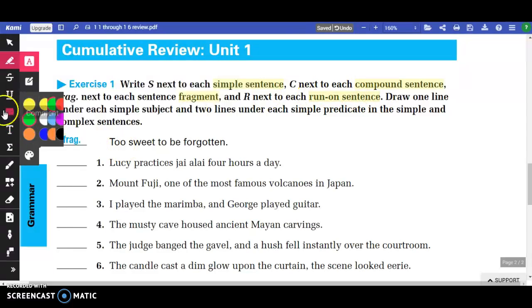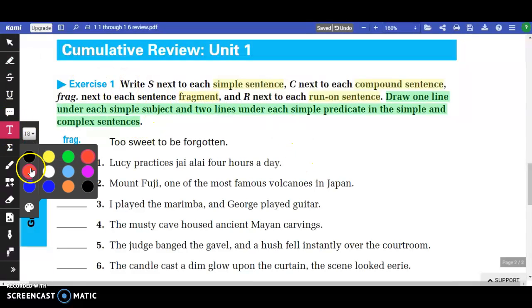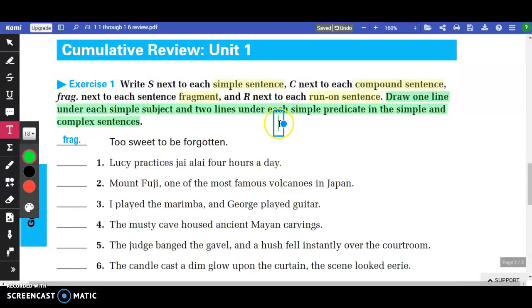Then once you've done that, you can go back and draw one line under each simple subject and two lines under each simple predicate in the simple and complex sentences. So that means if I write an S or a C, I need to go back and do a second step.